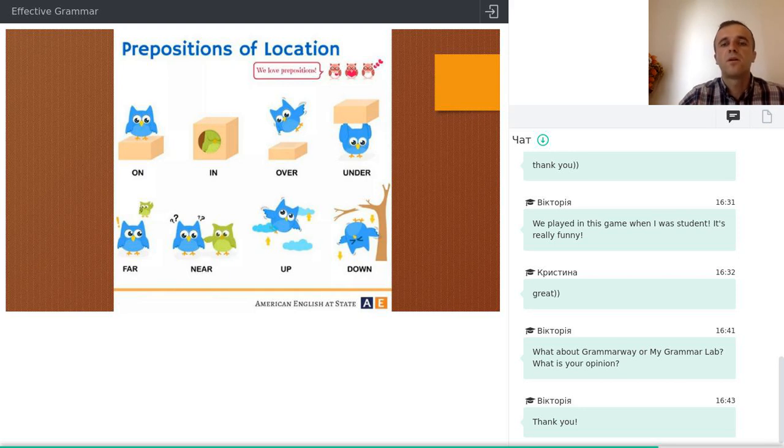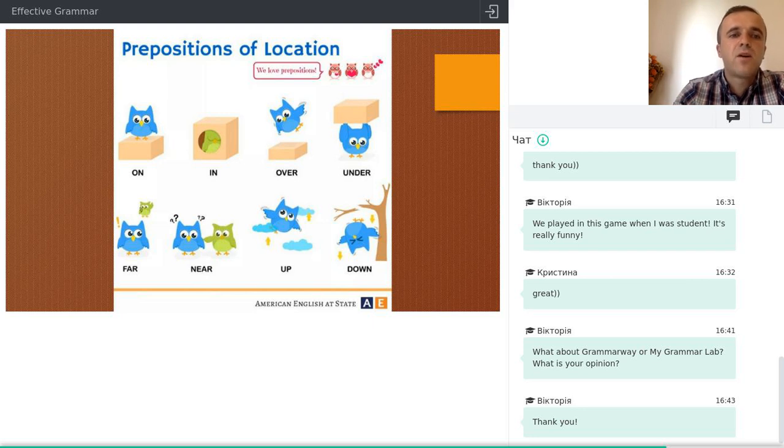Is it possible to teach prepositions not using Ukrainian? The answer is yes, but you have to be really smart and creative, and use your imagination. American English at State gives you a ready template with an owl.